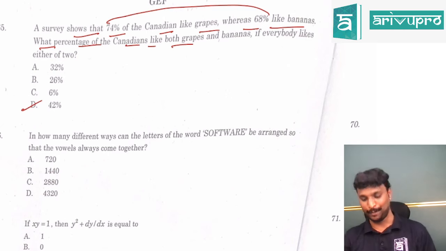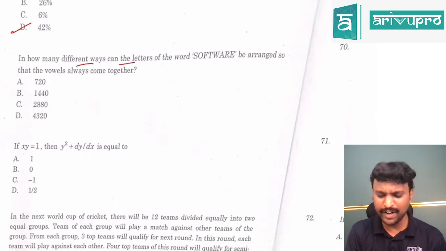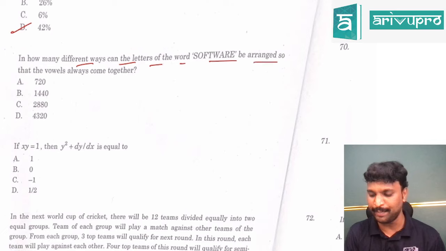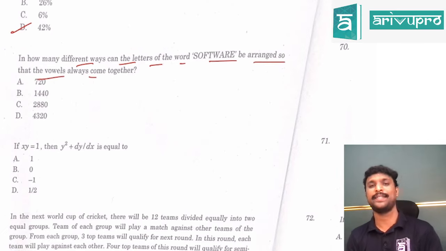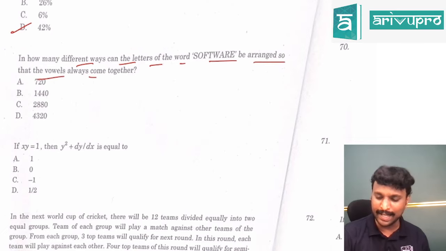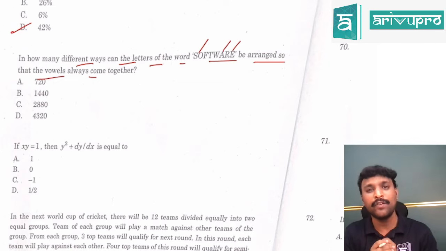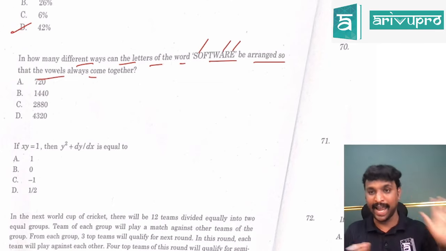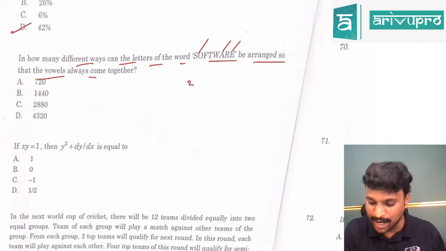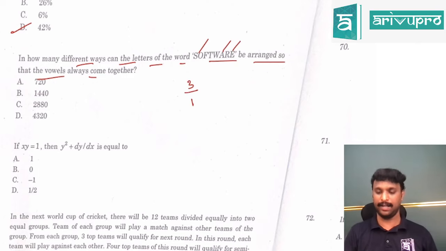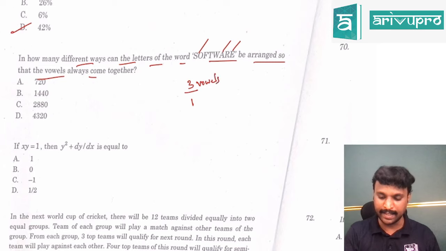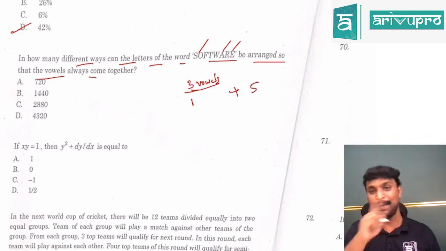Guys, the same kind of question we have discussed in marathon and also in regular classes. It is 42%. How many different ways can the letters of the word SOFTWARE be arranged so that the vowels always come together? Guys, how many vowels are there? O, E and A. There are 3 vowels. Total number of letters in software is 8. So 3 vowels together are taken as one single thing. Yes or no? Plus how many other letters? 5 letters. 3 plus 5, 8.